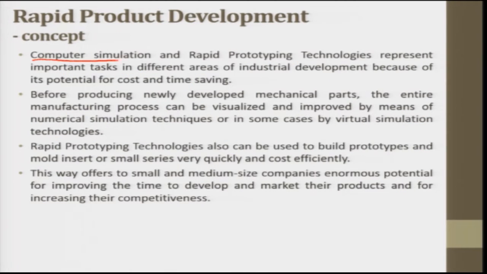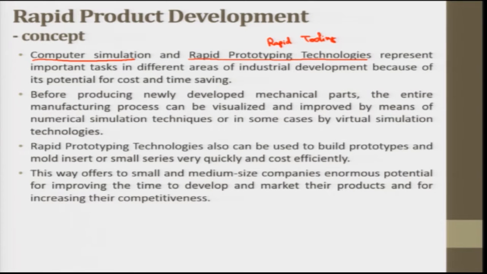Computer simulation and rapid prototyping technologies represent important tasks in different areas of industrial development because of their potential of cost and time saving. Now, companies are finding these techniques to be extremely beneficial, and they are being adopted at a rate much higher than ever. The use of rapid prototyping, I can also put rapid tooling here.